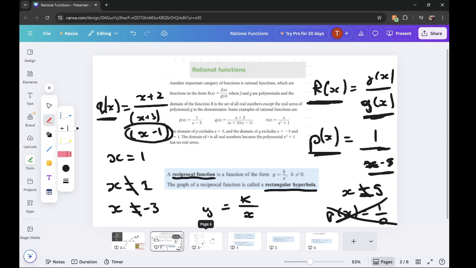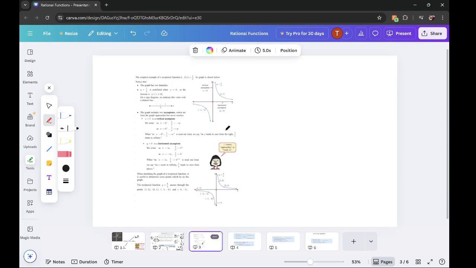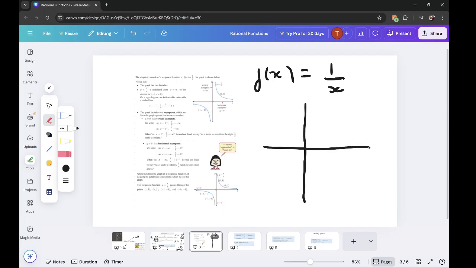Now let's move on real quickly. The most basic example of a reciprocal function is f of x is equal to 1 over x, and the graph of this is shown over here. I'm just going to draw it out really quickly. So this is the graph of your reciprocal function 1 over x. Over here, you can clearly see some sort of pattern.